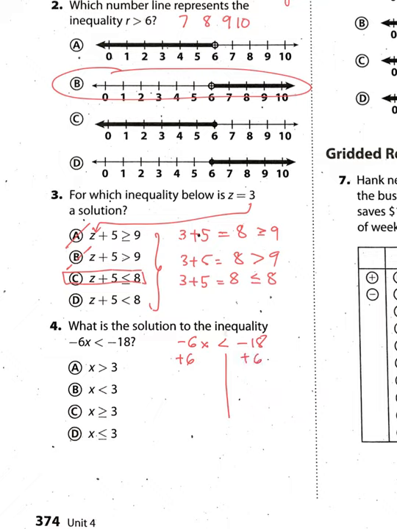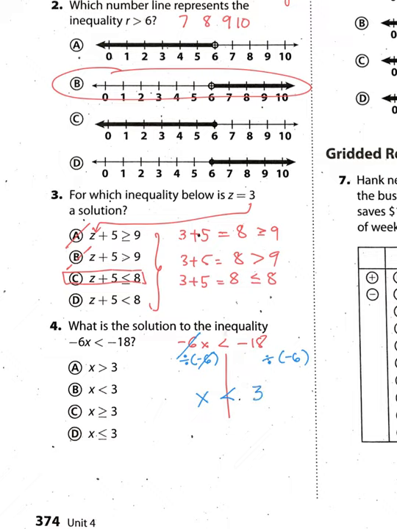So make sure negative 6x means negative 6 times x. So the inverse of multiply will be divide. So we will divide by negative 6 on both sides. Negative 6 divided by negative 6 is 1x. Negative divided by negative, your answer will be positive 3. So which one matches that? 4B.